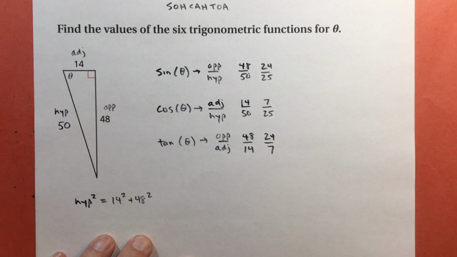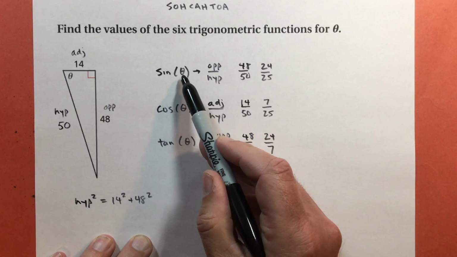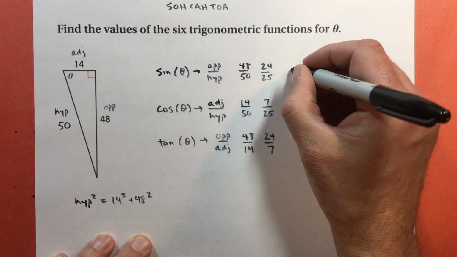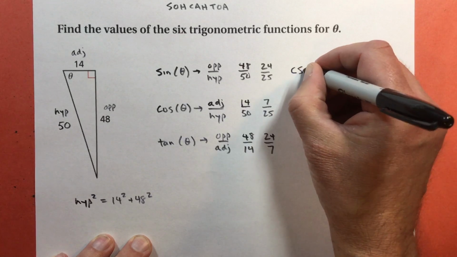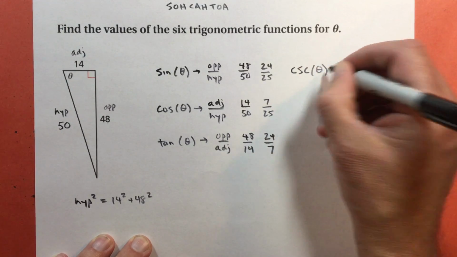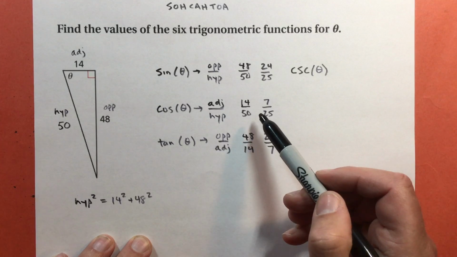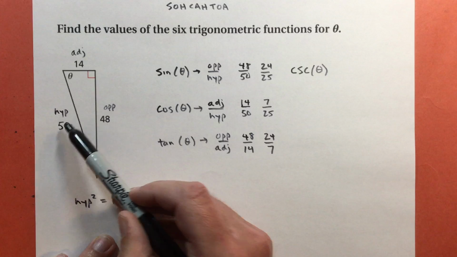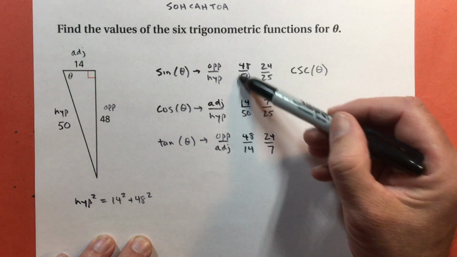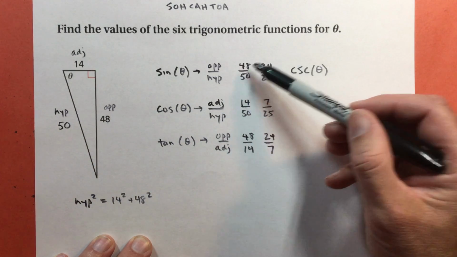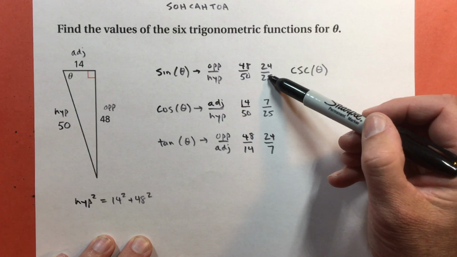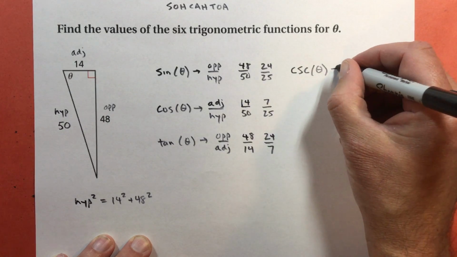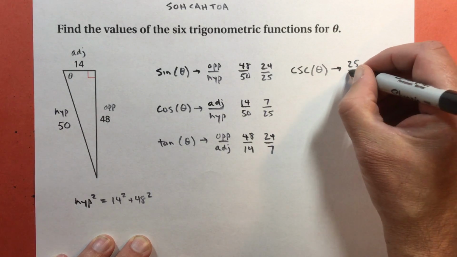Okay, now, sine of theta is opposite over hypotenuse. This goes with cosecant of theta, which is the reciprocal of that. So I can say hypotenuse over opposite, 50 over 48, which is the reciprocal of this. I already know that the reduced form is 24 over 25, so I can go ahead and find the reciprocal of this. This is just going to be 25 over 24.